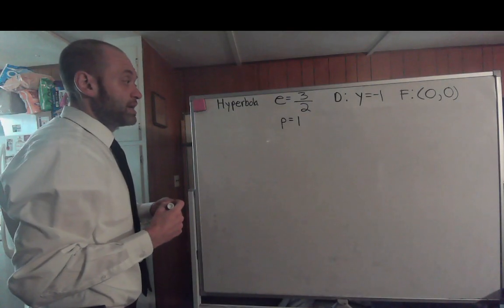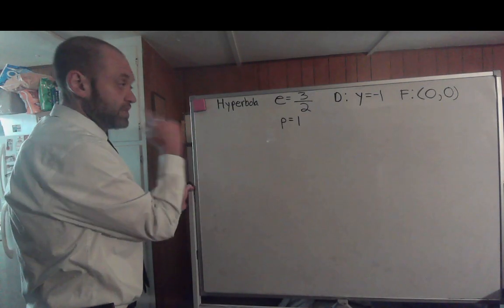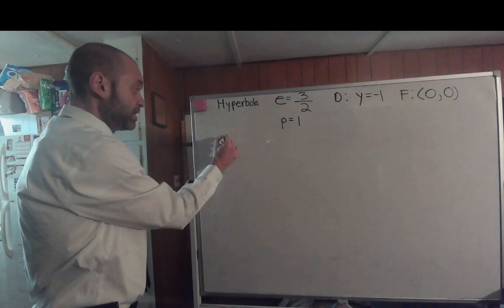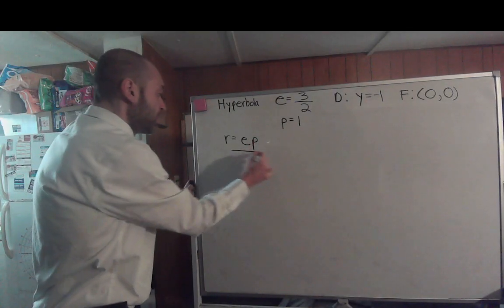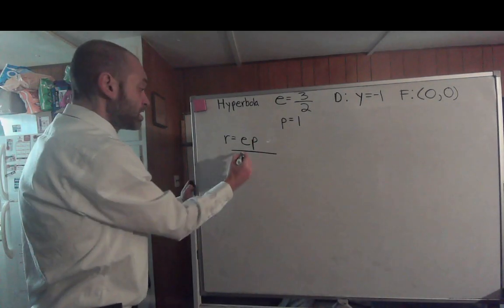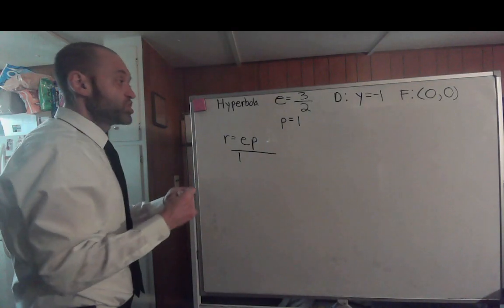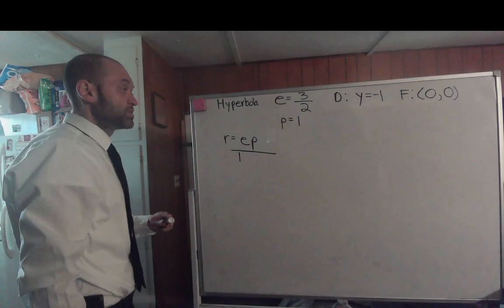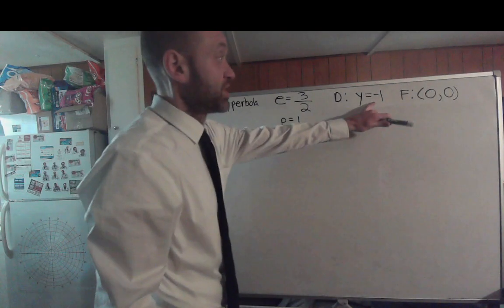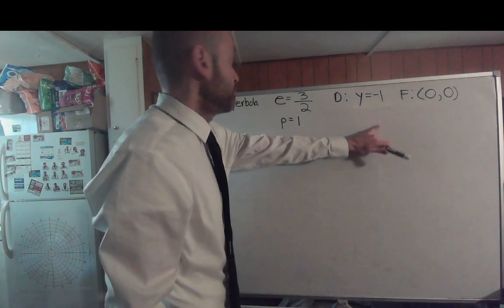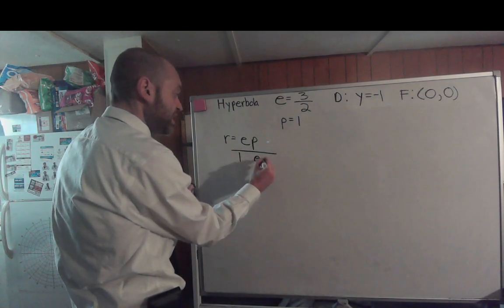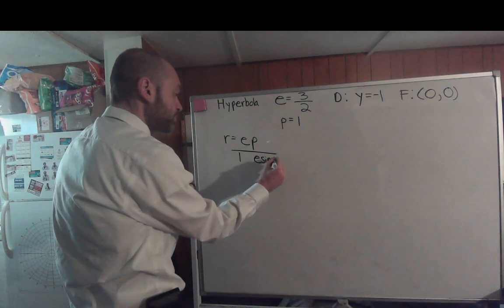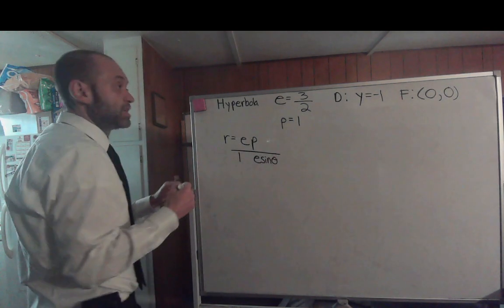Now let's go ahead here. Let's build the general formula for a conic section. R equals EP all over 1, and then which trig function are we going to use? Well, the directrix is y equals, which tells you this hyperbola has y-axis symmetry. So it'll be a form of e sine of theta. And then is it plus or minus?